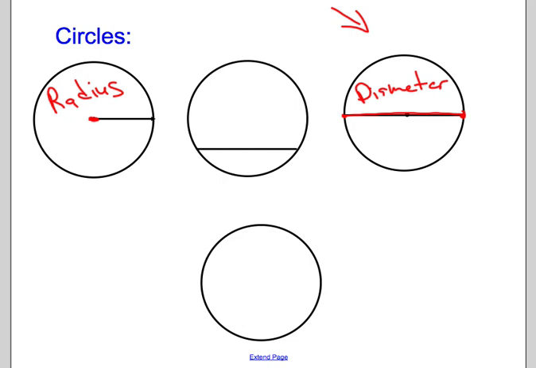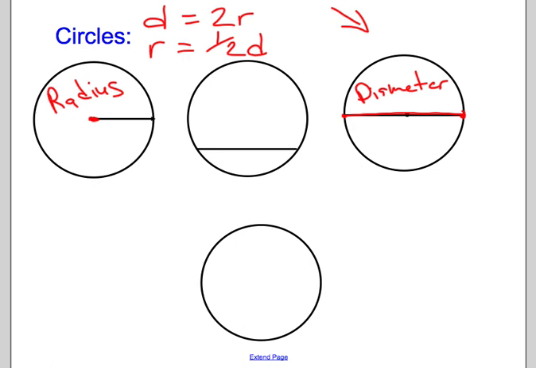The relationship between the radius and diameter is this: the diameter is twice the radius. I'm going to use a lowercase d for diameter. So d, or diameter, is equal to 2 times the radius. The other way you can write this is that the radius is equal to 1/2 the diameter. You need to know those things. You should write those down.